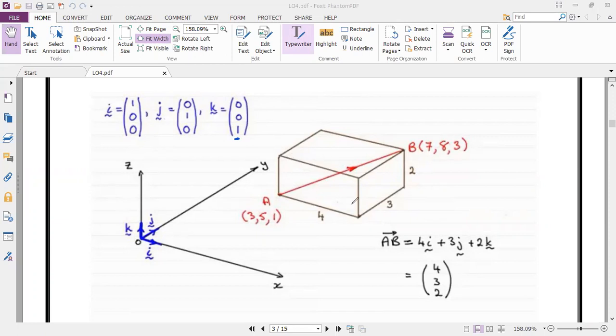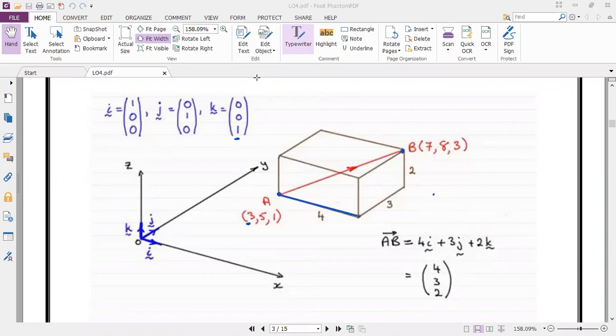Let's have a look at this cuboid here. This point is defined as 3, 5, and 1, and this point is defined as 7, 8, and 3. What is the vector AB? The vector AB, because we moved from 3 here to 7 on the x-axis, so we moved 4 units on the x-axis.